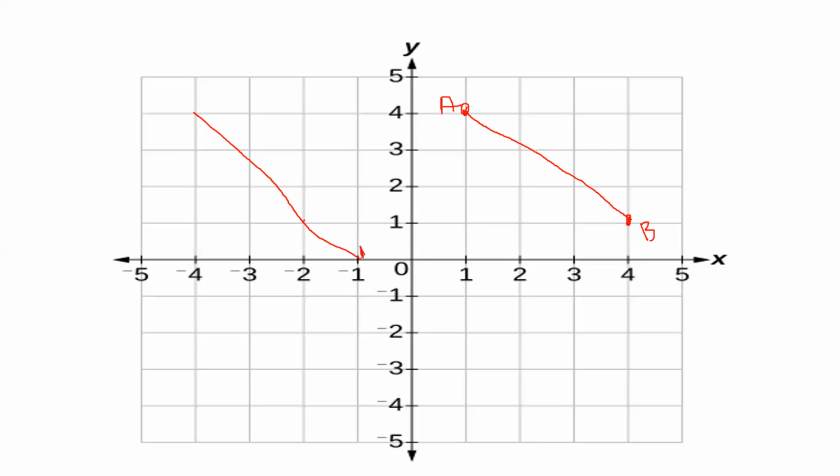Here, because of some point, assume this is P. Because of point P, the line AB has been divided into 2 sections. So this is the first section and this is the other section.